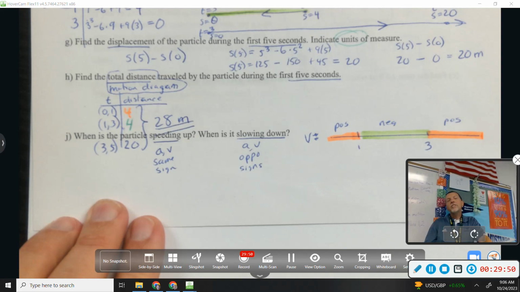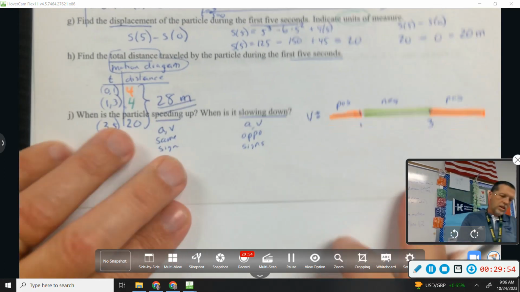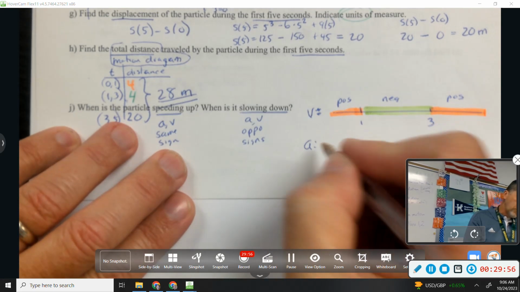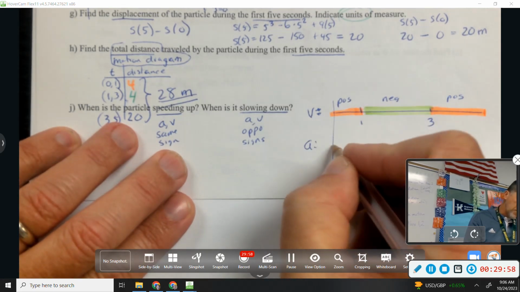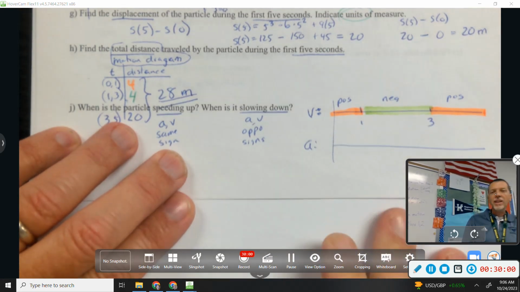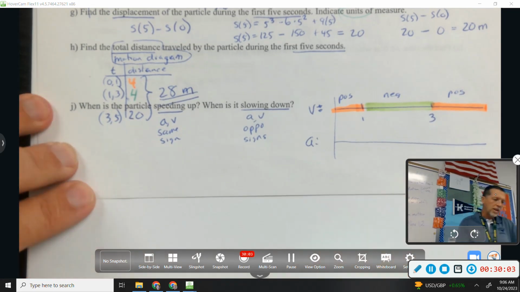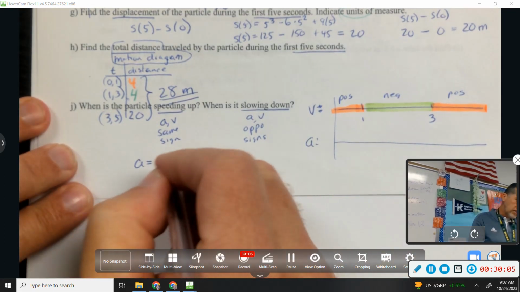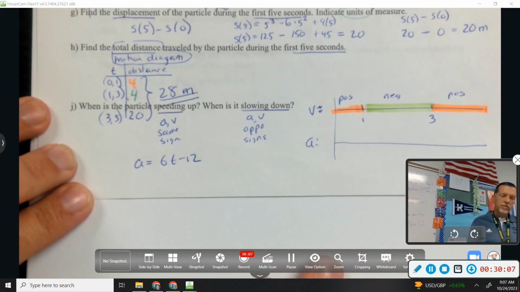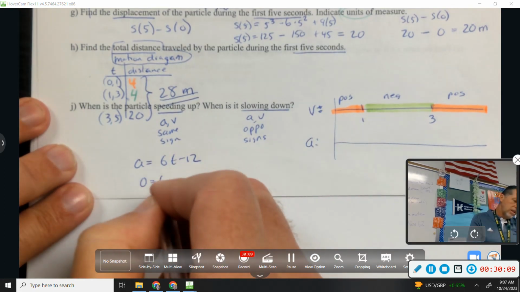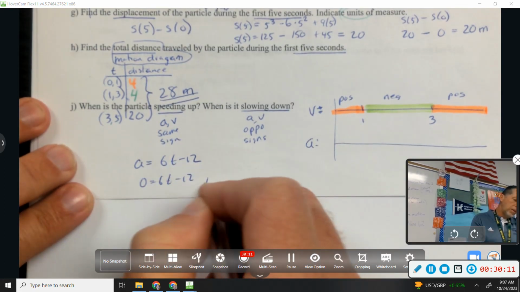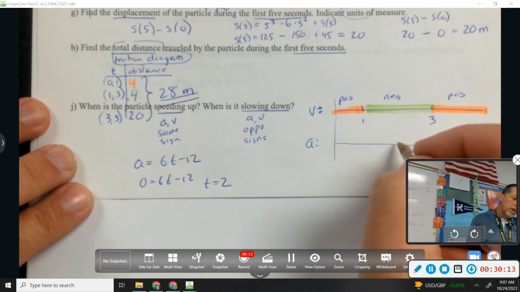Now I need to do the same thing for the acceleration and look for where they overlap. You could do this without physically drawing them in the same spot, but I think it's easier if you put them in the same spot. So acceleration was 6t minus 12, so that would be 0 at t equals 2.